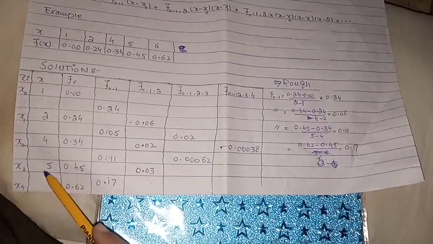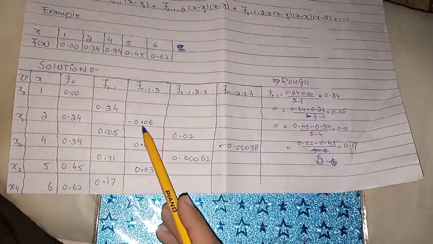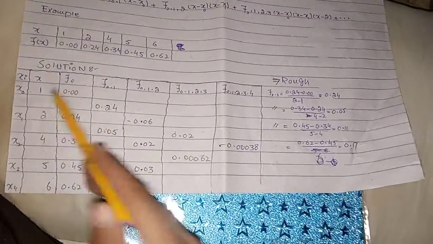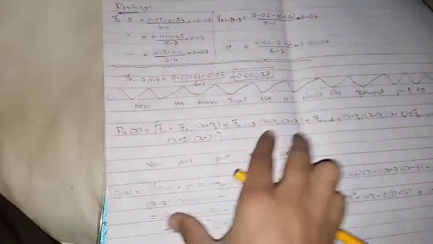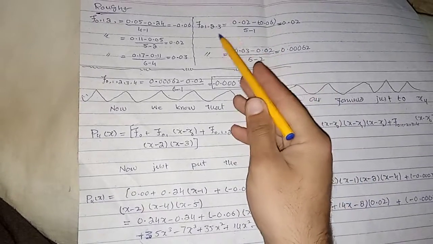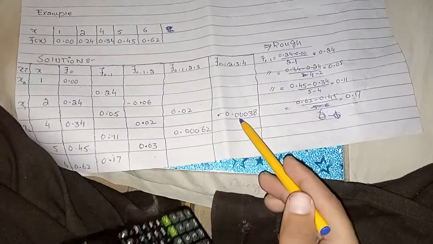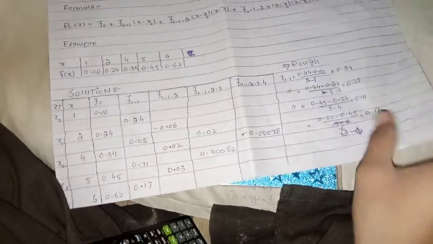So this one would be my first, and going towards this side, this one would be my last. 5 minus 1, so it would be 5 minus 1 after 1, 2, 3. So in f[x0, x1, x2, x3] the value will be this one, 0.02. And the same you will find this, and the same you will find this. So it is very easy.